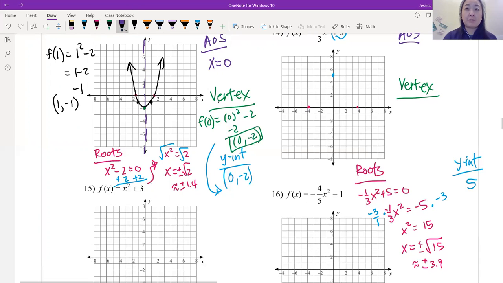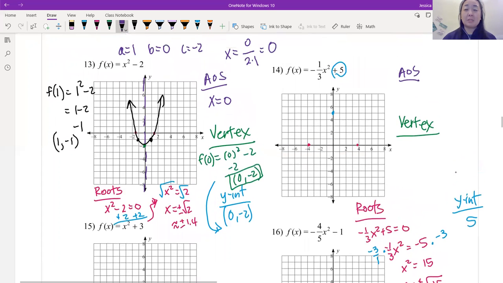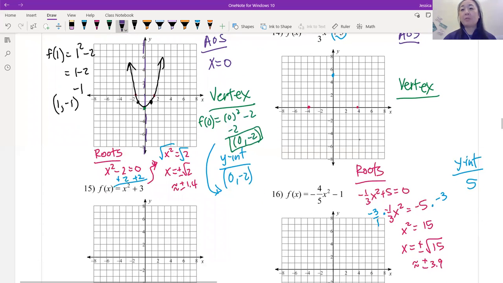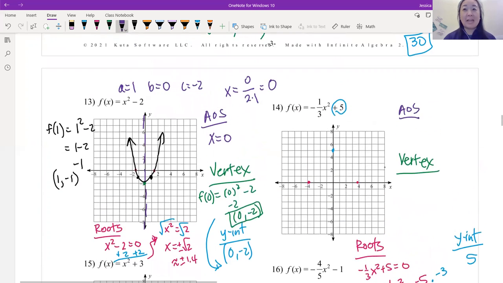Actually, we need to find the AOS first, right? So the AOS is when x is equal to 0, right? Actually, what is the AOS? We can find this out. Okay, so remember, we know where the roots are. Remember we went 3.9 to the right and to the left, which means it has to be right here at 0. There's no choice.